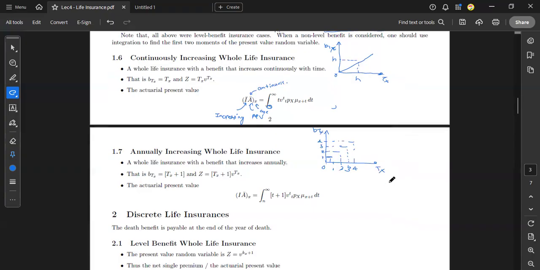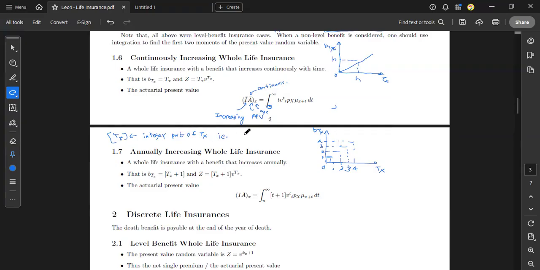But still, since we have to work with the curtate random variable, we can think about this. When t is equal to 0, we add 1 and take the integer value. That means, if you recall, this says integer part of Tx.